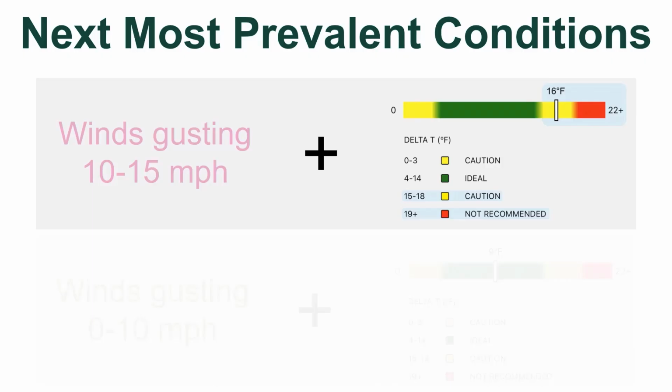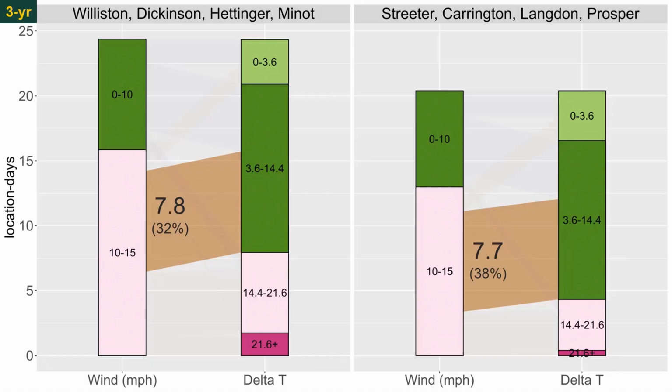One of the next most prevalent conditions is highly challenging conditions, where you have not only marginally high wind, but also marginally or excessively high Delta T, so the high evaporation conditions. So we take the data from before, we can add on this condition in the West.